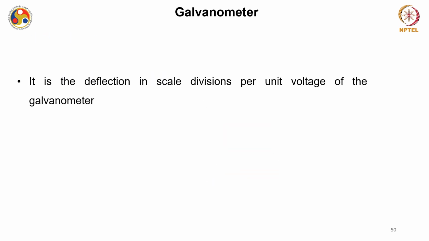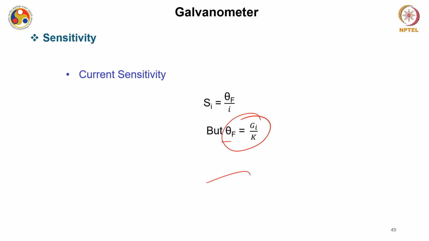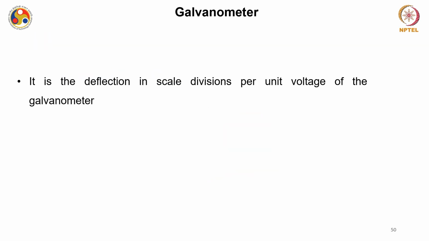So this is the current sensitivity, and in terms of voltage sensitivity, it is the deflection in scale divisions per unit voltage of the galvanometer, very similar to what we have seen for the current sensitivity. So if SV is the scale divisions per unit voltage, you can calculate the voltage sensitivity of the galvanometer. This sensitivity of the galvanometer we may recall when we talk about resistance measurement using different bridge circuits, including a simple Kelvin double bridge circuit or any other kind of circuit.